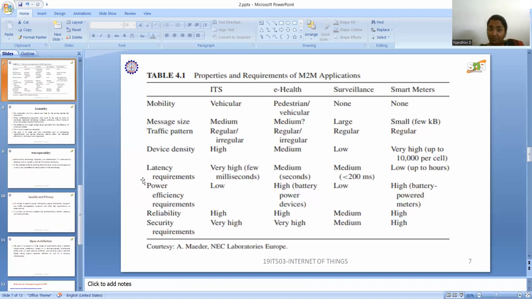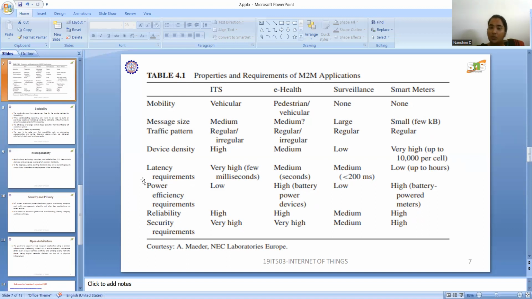And here are the properties and requirements of machine-to-machine applications. What are being used here? We are using mobility, message size, traffic pattern, device density, latency requirements, power efficiency requirements, reliability, and security requirements. These are all we are using, in ITS, e-healthcare, surveillance, and smart meters.